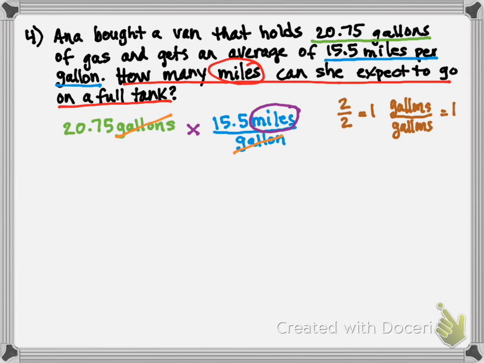And that's the only way to get these labels to go away, is to multiply those two numbers. Remember, I can't add gallons to miles per gallon. That's like saying I'm going to add cats and dogs and get cat dogs. That doesn't make sense at all, okay?